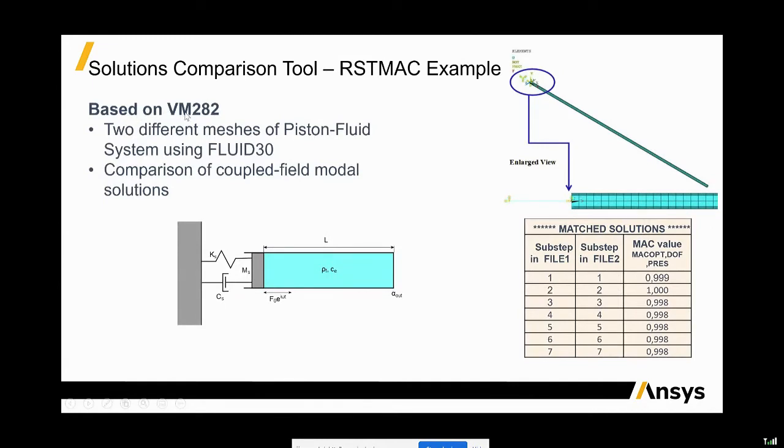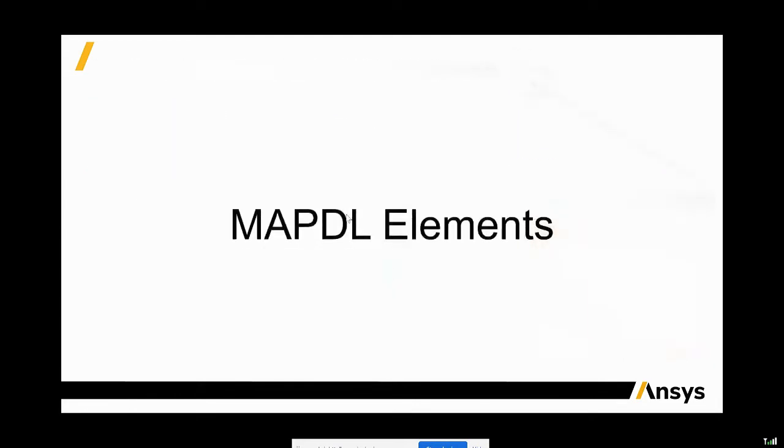They're using the verification model number 282, and they're doing two different meshes of a piston fluid using the FLUID30, and they're looking at using the MAC opt command. They're looking at how the pressure varies between the two substeps, and they're seeing that right here. So good comparison. So that's it for those capabilities.